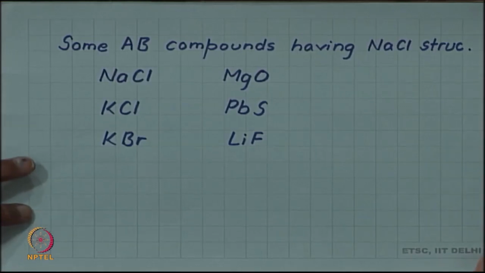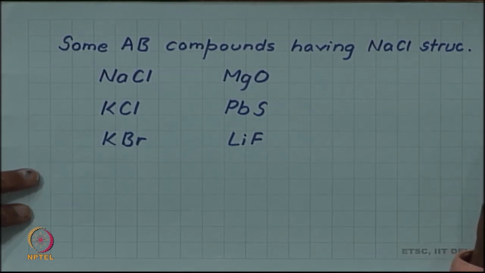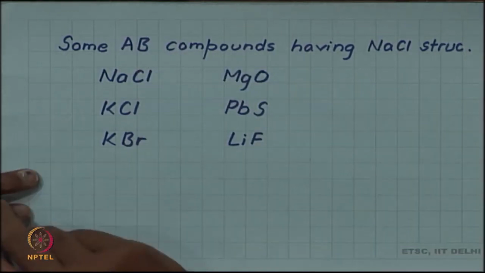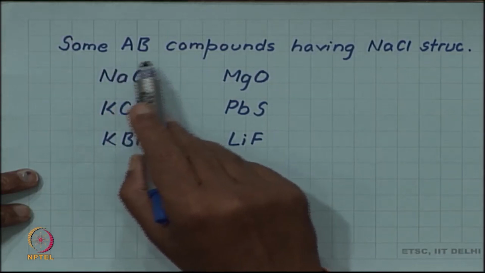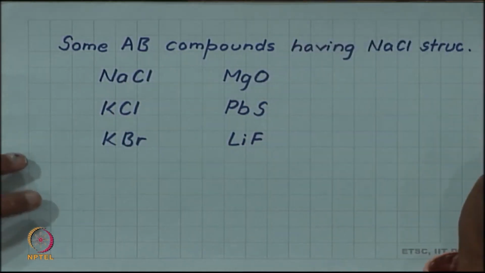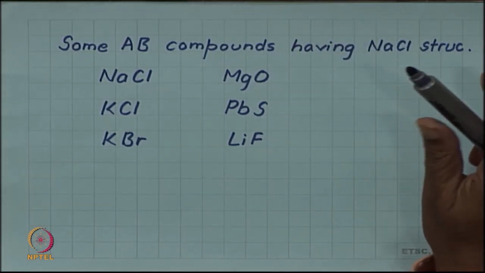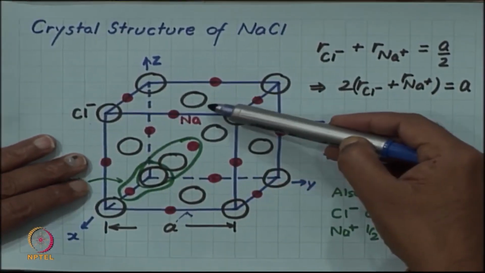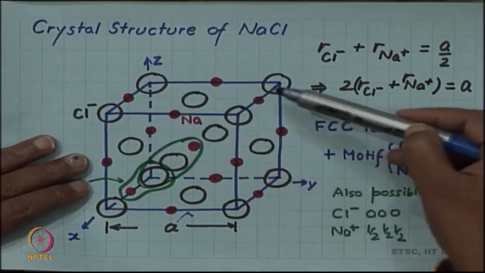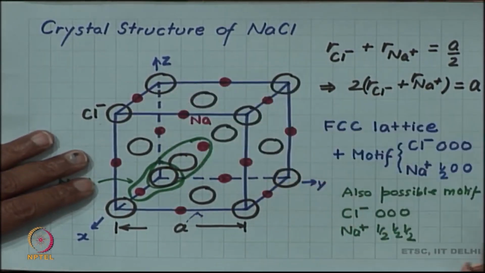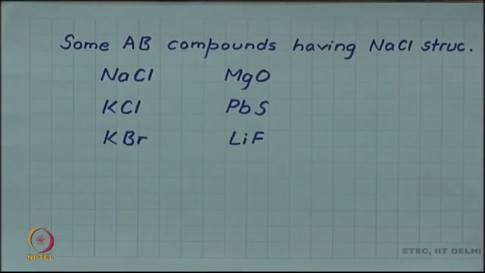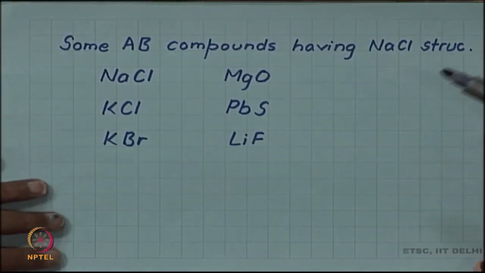It should be noted that sodium chloride structure is not just the structure of sodium chloride, but it is a prototype structure. Any AB compound where A is a cation and B is an anion, any such equi-atomic compounds AB which will have this kind of a structure, that the cube corners and face centers are taken by the anions, and the edge centers and the body centers are taken by cation, any such structure will be called a sodium chloride structure.